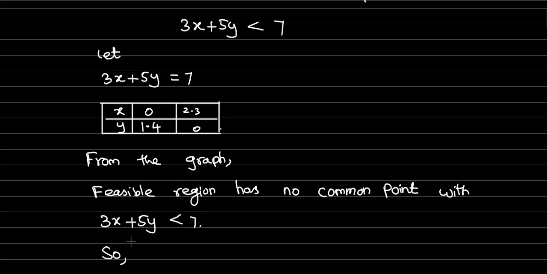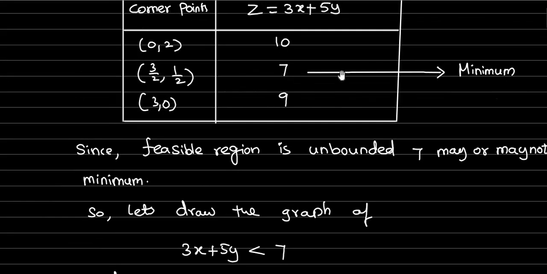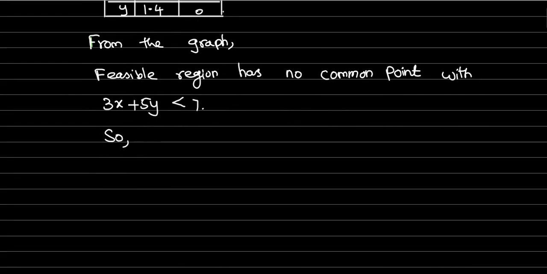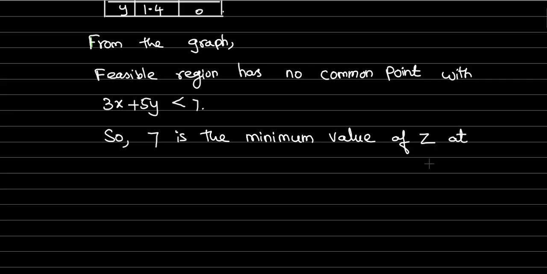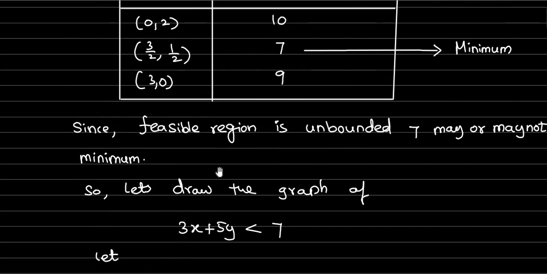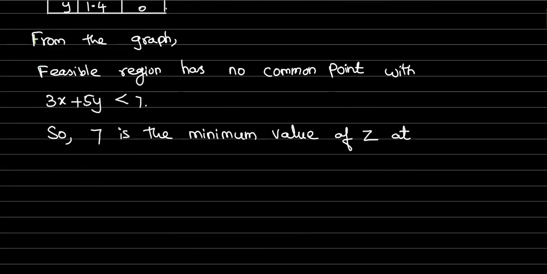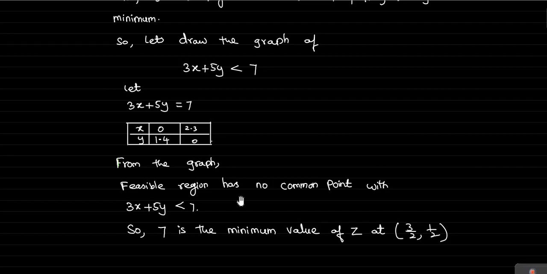If there is no common point, then we can 100% confirm 7 is the minimum. So 7 is the minimum value of z. At what point did we get this? At (3/2, 1/2). So that's all the solution for this.